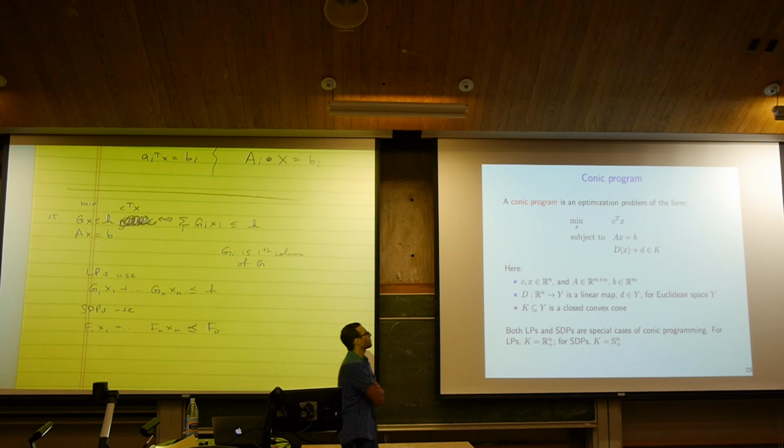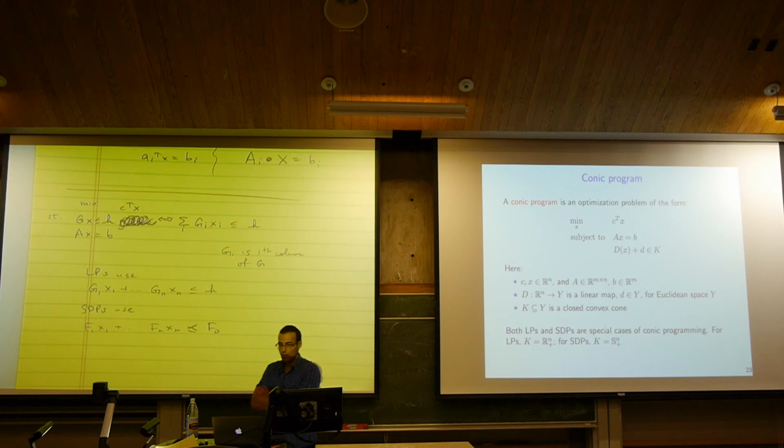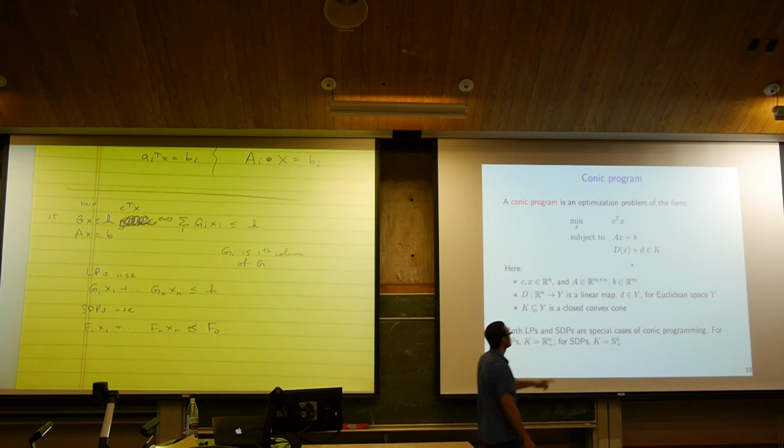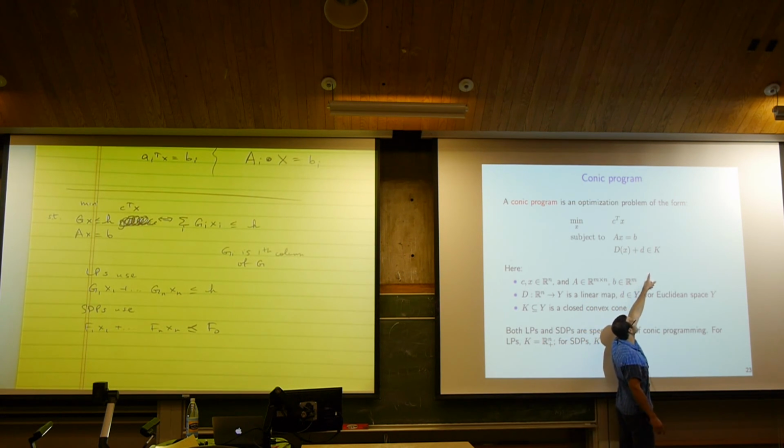I want to introduce conic problems and then complete that hierarchy that I showed you pictorially at the start. So a conic problem is an optimization problem of the following form. We saw a bunch of different problem forms; this one is the most general. A conic problem has a linear criterion, linear equality constraints, and a linear function of our variable, Dx plus d, being in a cone.